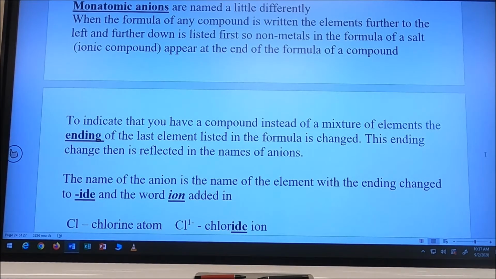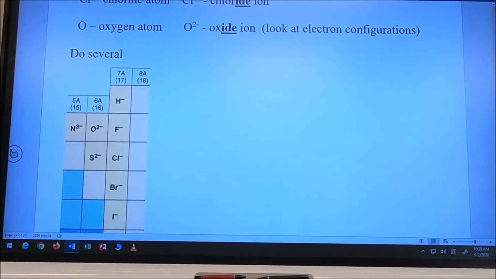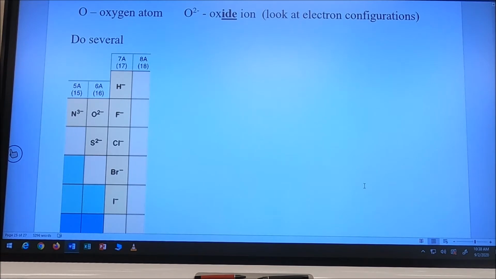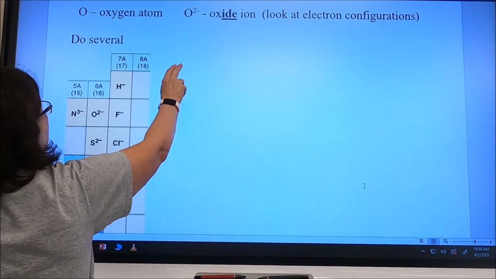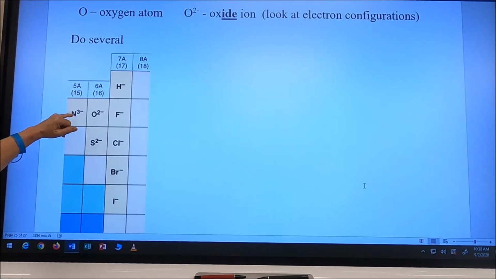So let's look at our monatomic anions. Oxygen, which has a -2 charge, becomes the oxide ion. Sulfur, which has a -2 charge, becomes the sulfide ion. Nitrogen at 3- is called the nitride ion.